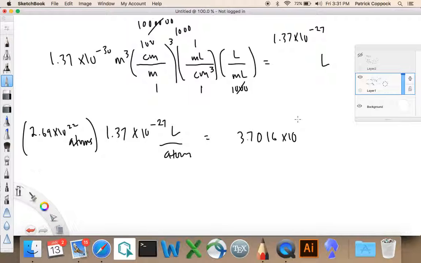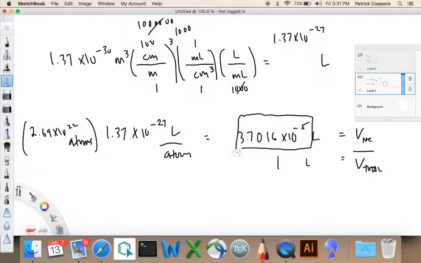So it's 3.7 times 10 to the minus 5 liters for all of the atoms, which is the volume of the neon. And the volume total we chose from the previous page to be 1 liter. So the fraction is going to be that.